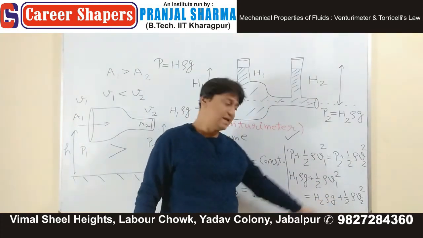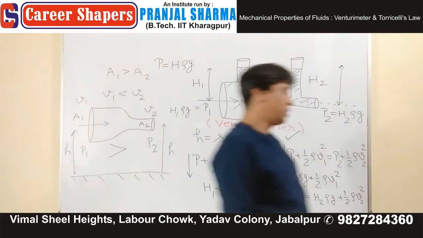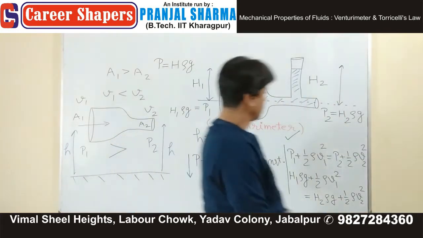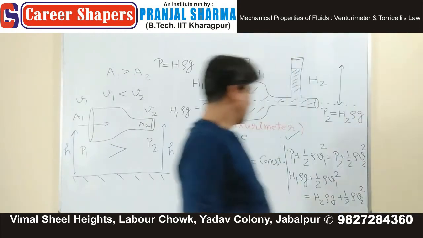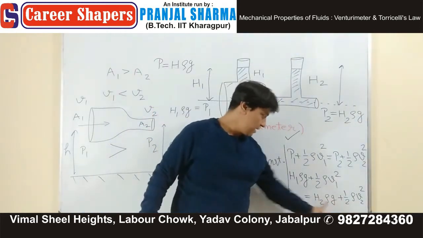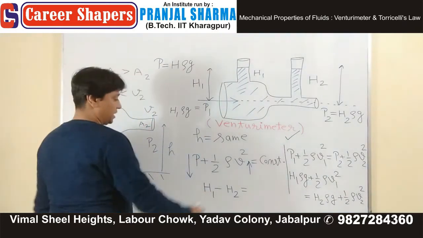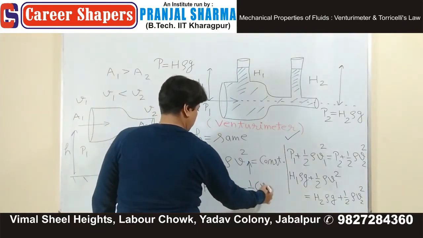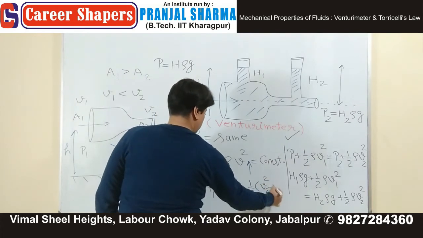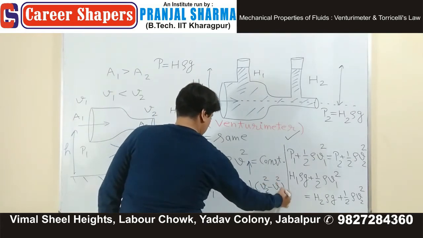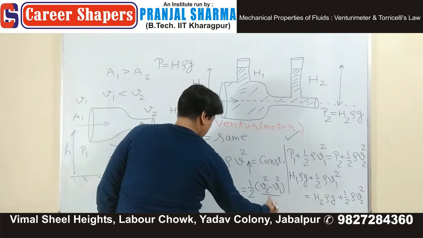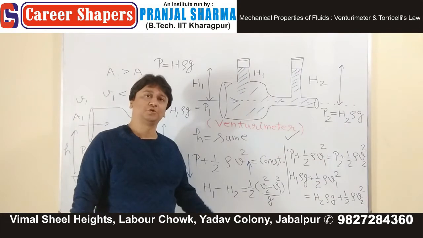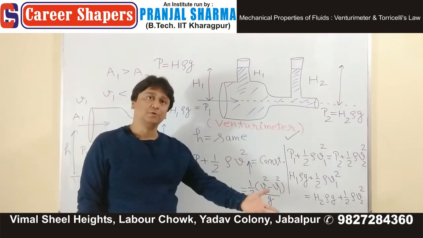Rho cancelled. We're looking for H1 minus H2. H1 minus H2 is coming half of V2 square minus V1 square divided by G. That's your H1 minus H2. That's what I was asking you.